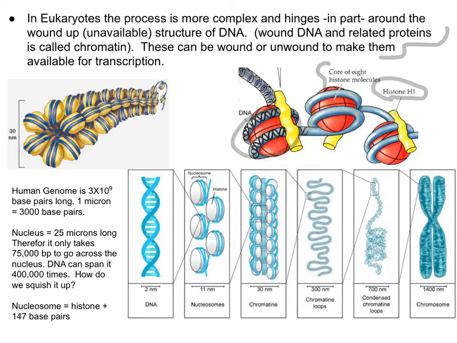So DNA is wrapped around it twice and then is wrapped around another histone. And this allows DNA to be condensed into the nucleus, which is really fairly small, 25 microns for something that's 3 times 10 to the 9th base pairs long. There's a lot of winding up that happens.